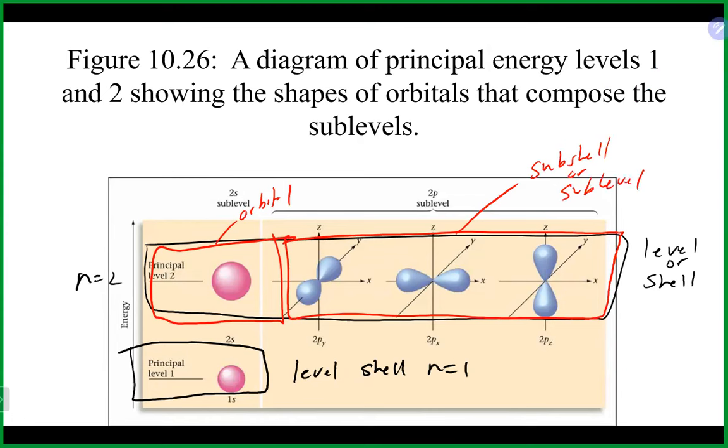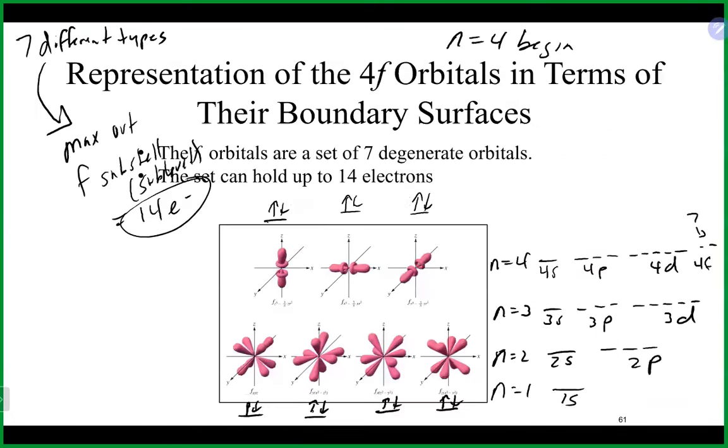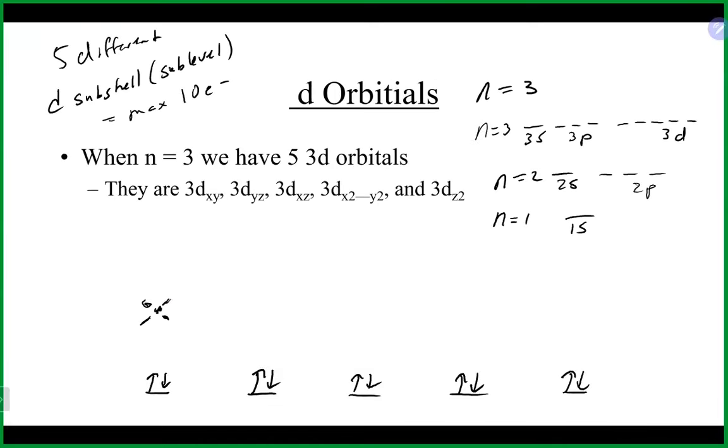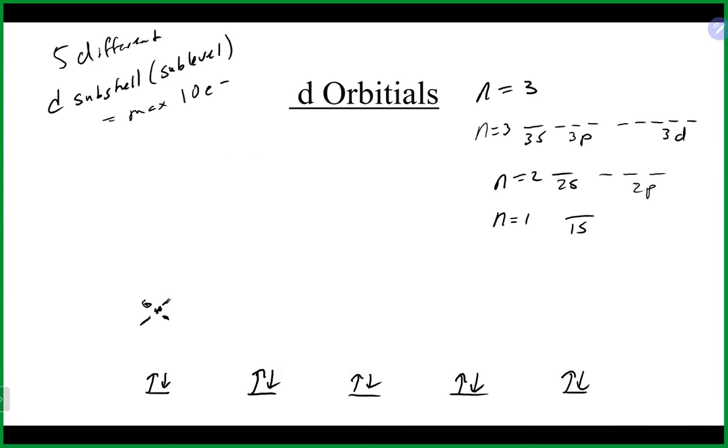Sometimes this terminology throws people off when they're asked questions like, how many electrons can you put into a particular orbital or a subshell? So if we go back and look at what I had here, for example, if I want to know the maximum number of electrons in the n equals 2 shell, our level, how many electrons maximum can I put into that level or shell?